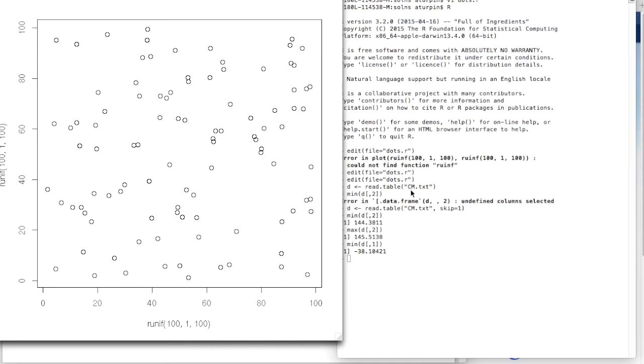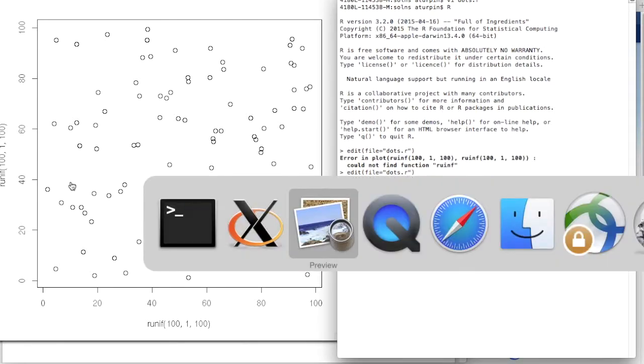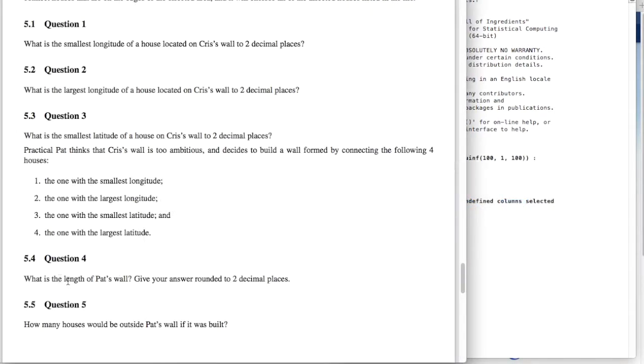So how could we work out the distance? We just need to know the coordinates of these 4 points, and then we can directly do Pythagoras on those, the Euclidean distance formula. And the question asks us here, what's the length of Pat's wall? In degrees, it doesn't actually say in degrees, but that'll be the easiest.